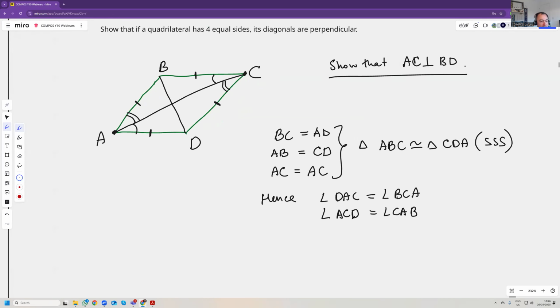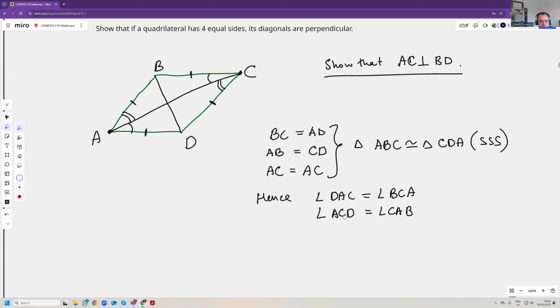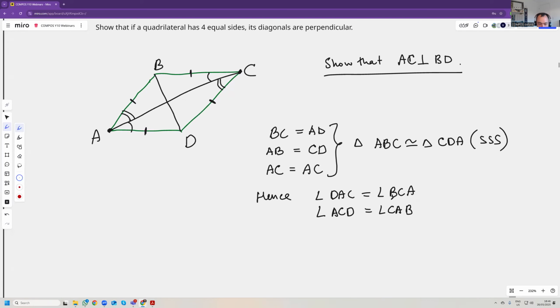Now, but that also means that BC must be parallel to AD.